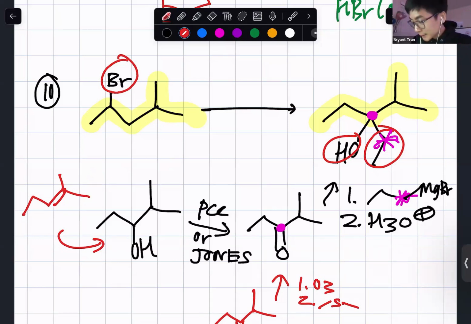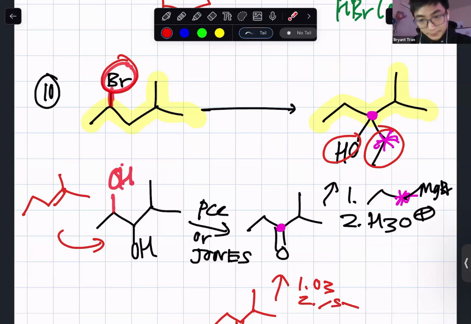Oh, Peyton, I like what you talked about. That first step right here, the CH3COONa, would convert this into an ester, and then the second step would convert that ester to an alcohol, right? But the alcohol is going to be on this carbon here if you did that. So it's not going to be on the right carbon.